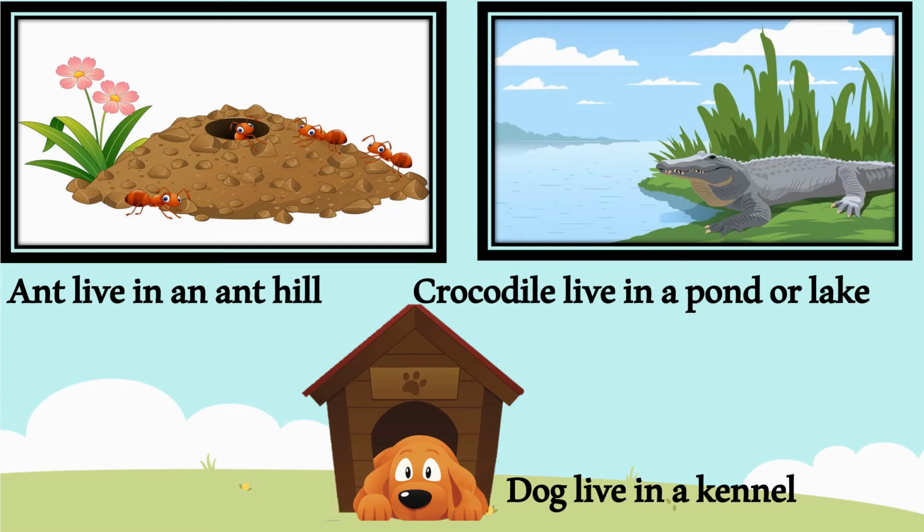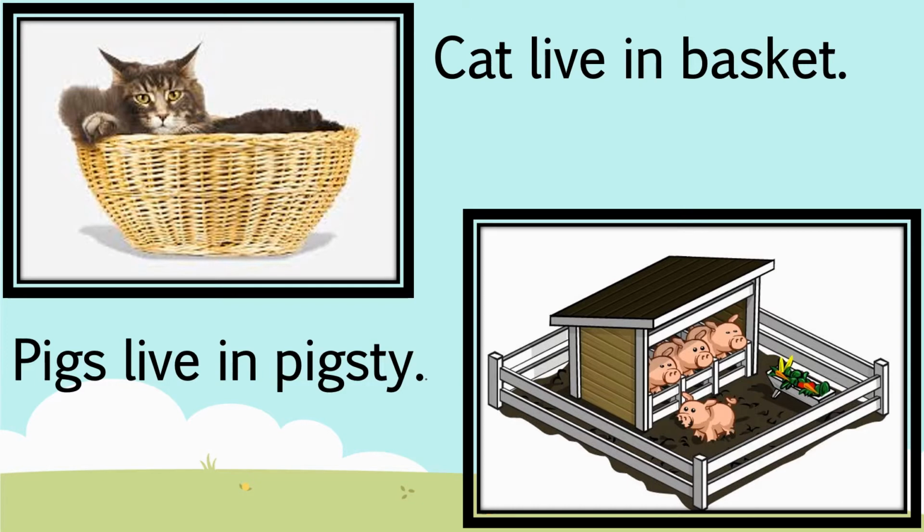Very good children. Next, cat. Cats live in a basket. Next, pigs. Pigs live in a pigsty. As you can see in this picture, many pigs are there. Correct, no children?